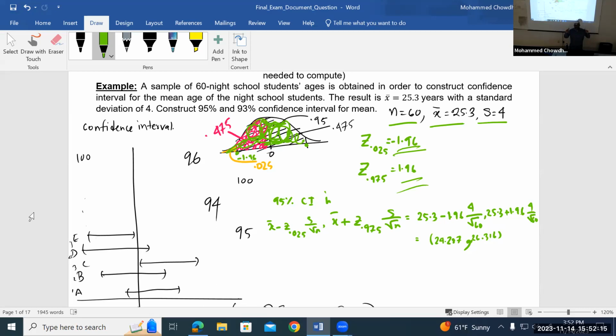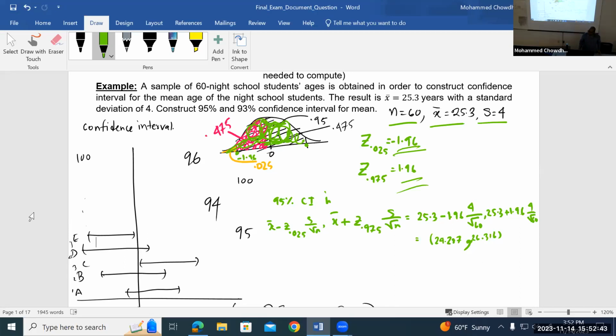Now give half a minute attention to my words. After finding the confidence interval, how do you explain those things? I am 95% confident that the average age of the night school students lies between 24.287 and 26.316. That's the way you have to write your explanation, understand?